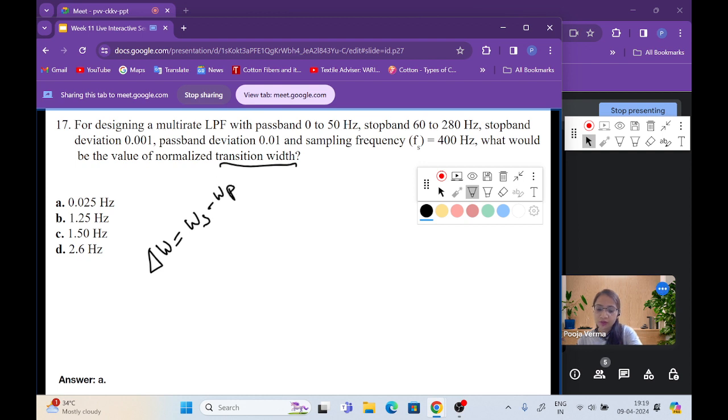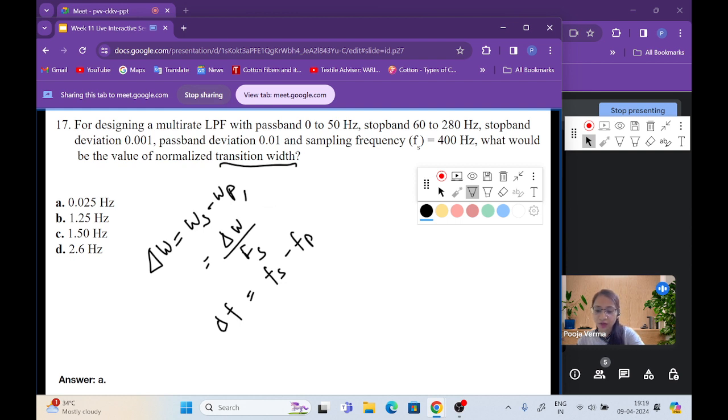So this is the normal transition width. If we normalize the transition bandwidth, we have to divide it by the sampling frequency. So here we need to find the normalized transition width, that is del omega by Fs.